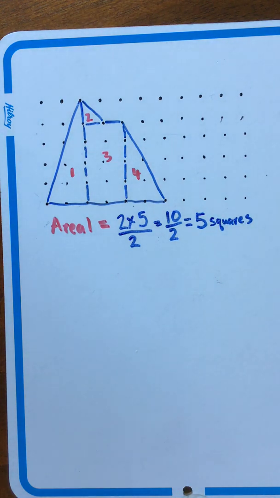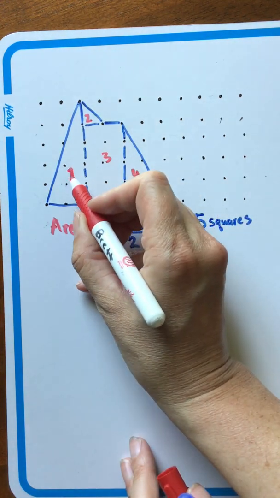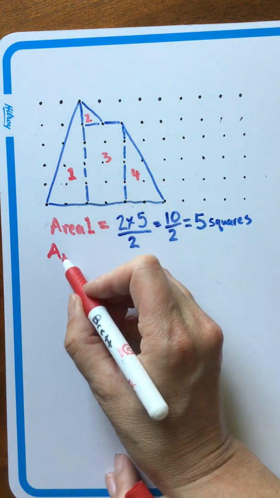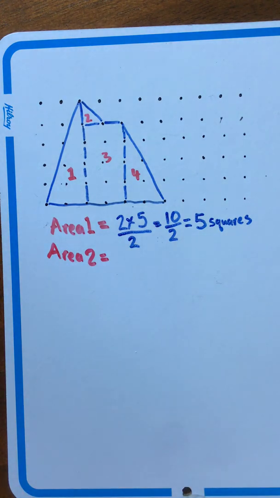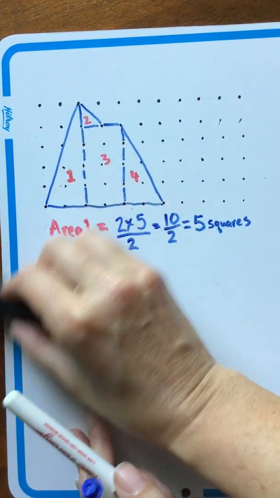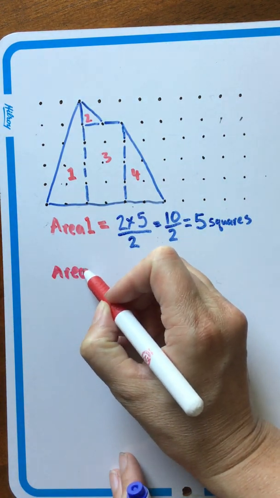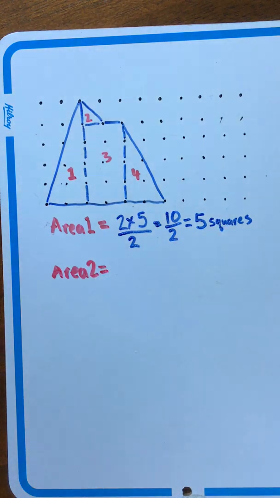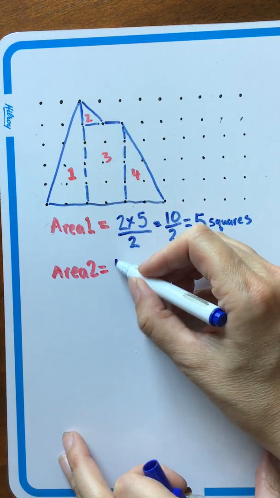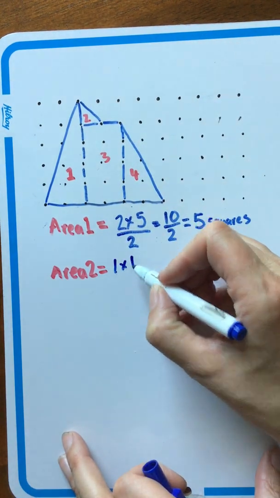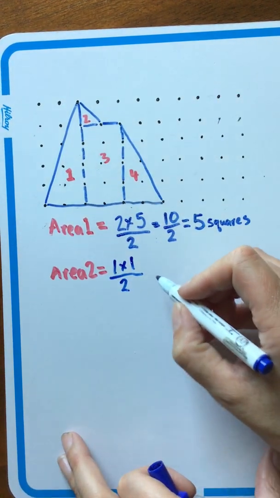Gotta remember the units. Okay, what about, oh, that looks kind of like, there we go, we'll give this a fancy one. Okay, area 2, oh, that's a bit close, isn't it? Okay, area 2, all right, one side of the square is 1, one side of the square is 1, and then we're going to divide that in half because it's a triangle.